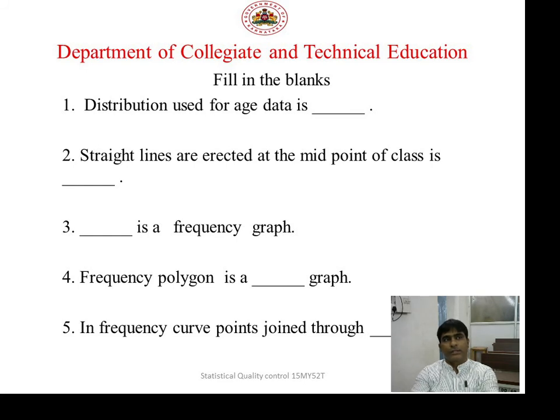Next question. In a frequency curve, the points are joined through dash. Frequency curve, the points are joined through a smooth curve.